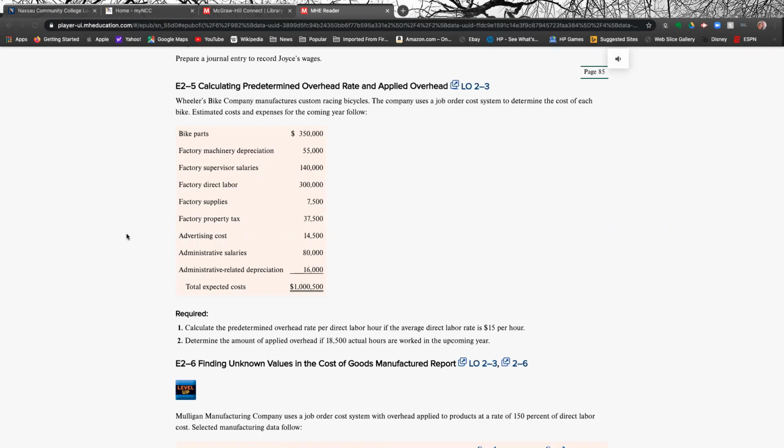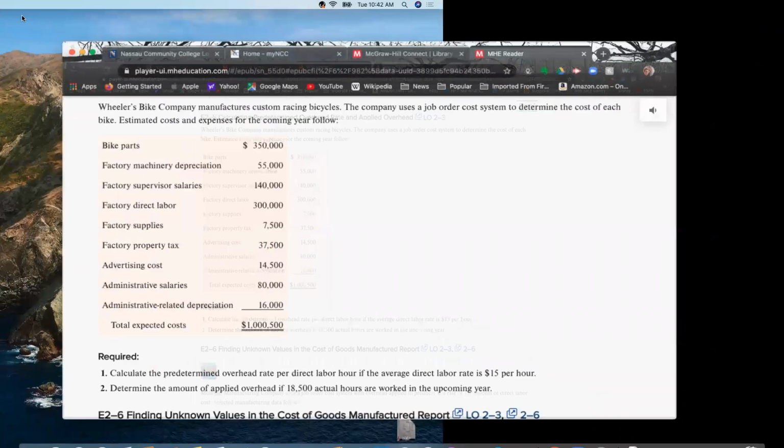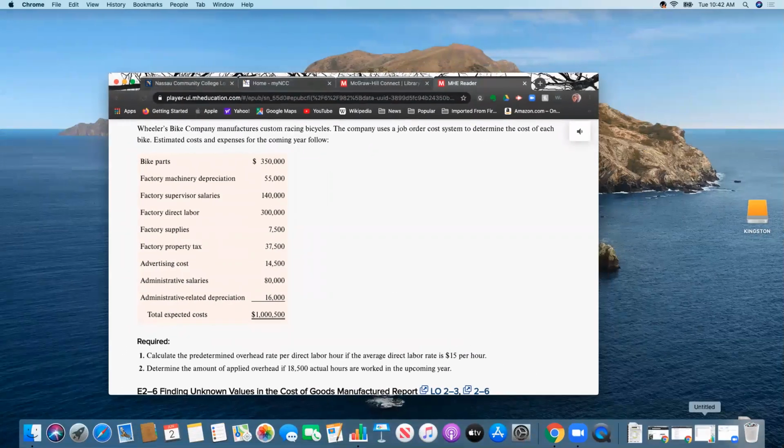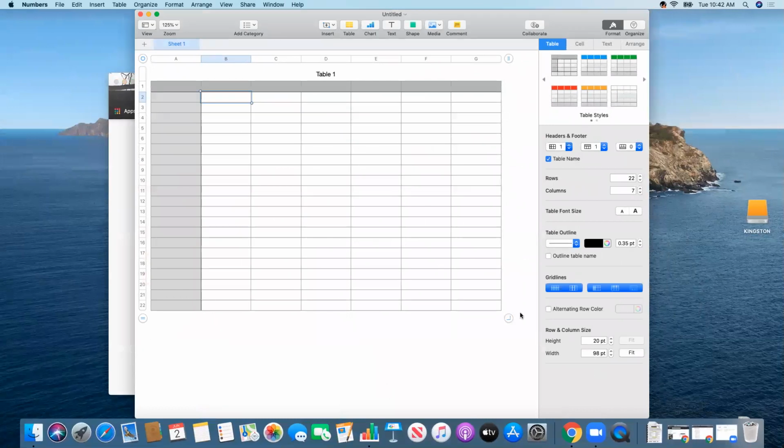Wouldn't it be nice if they just told us the total estimated overhead? We're going to have to pick out what we need and ignore what we don't. Second, wouldn't it be nice if they told us the number of direct labor hours? They didn't, so we're going to have to figure that out. Fortunately, neither of those things is that difficult.